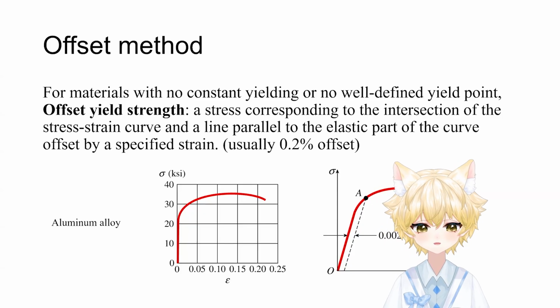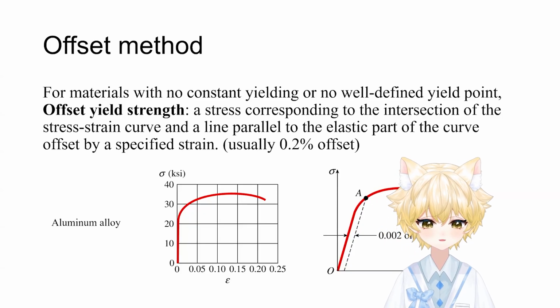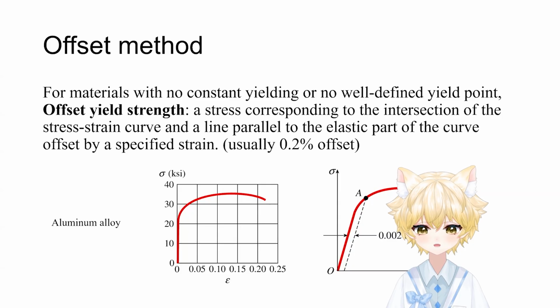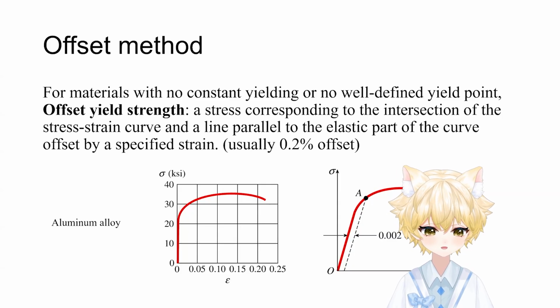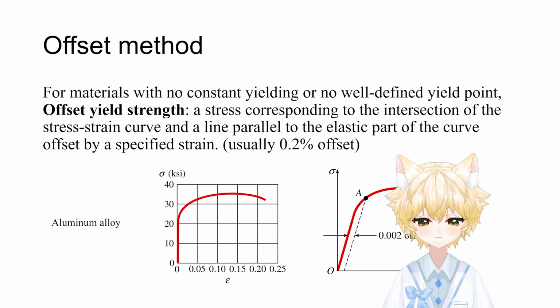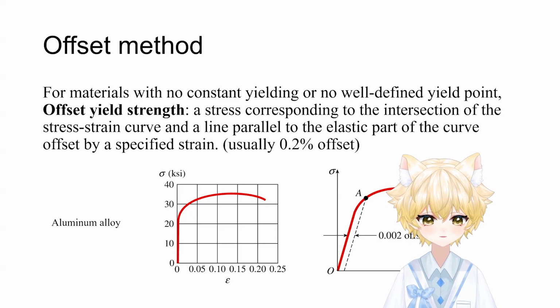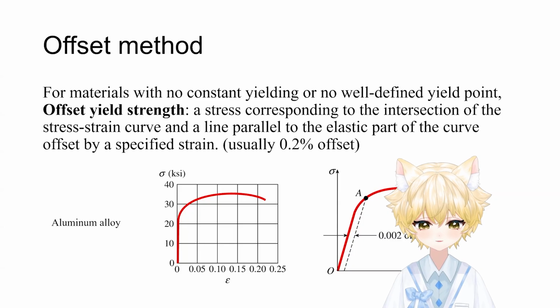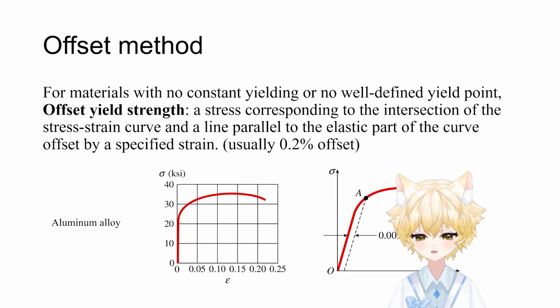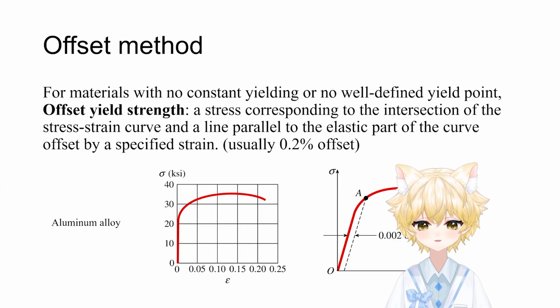Following that, we draw a straight line from that point, moving upwards and parallel to the initial linear elastic part of the curve. Where that dashed line intersects the stress strain curve, that is your defined yield strength. So even though the material doesn't have a sharp physical yield point, we have mathematically created one so that we can design for safety.